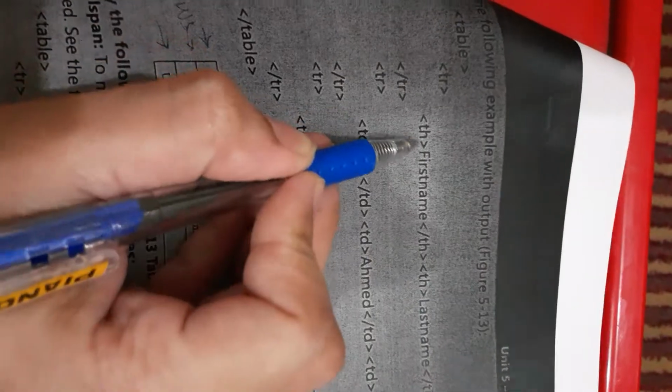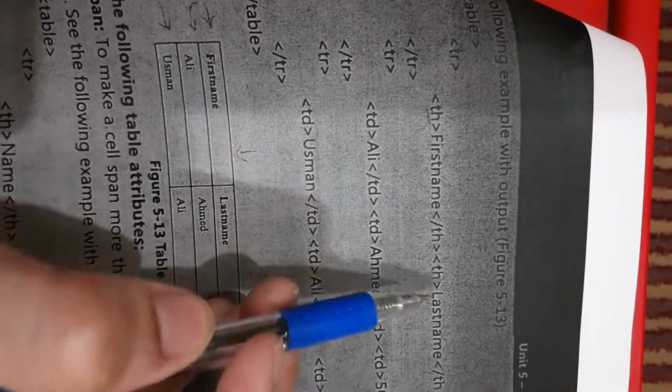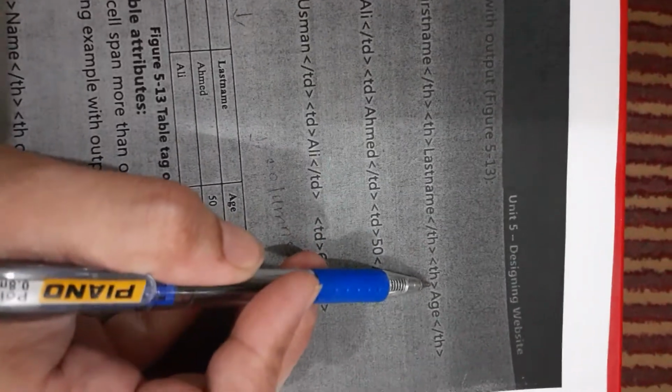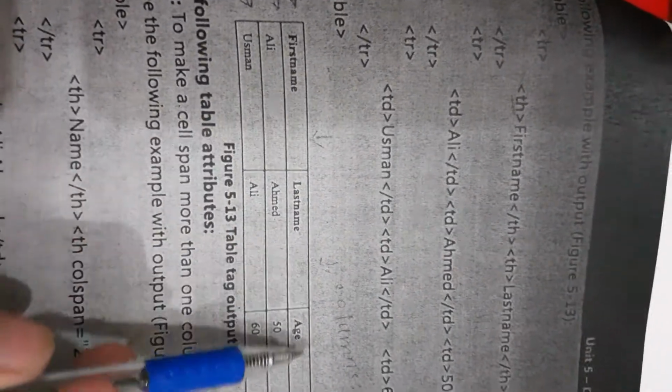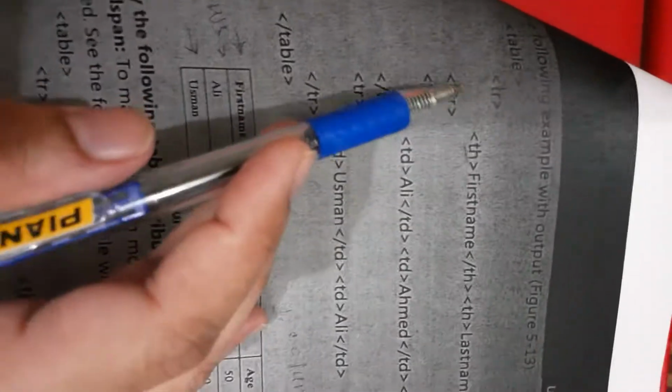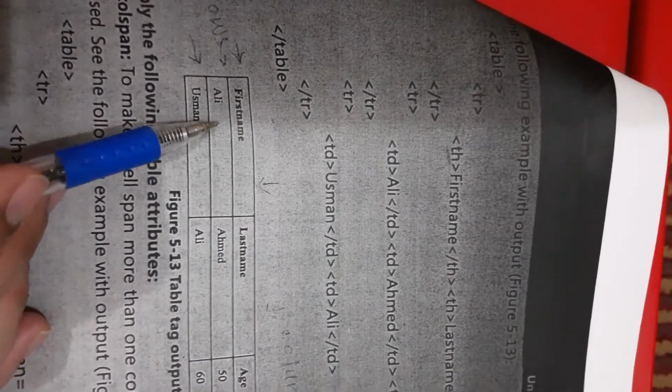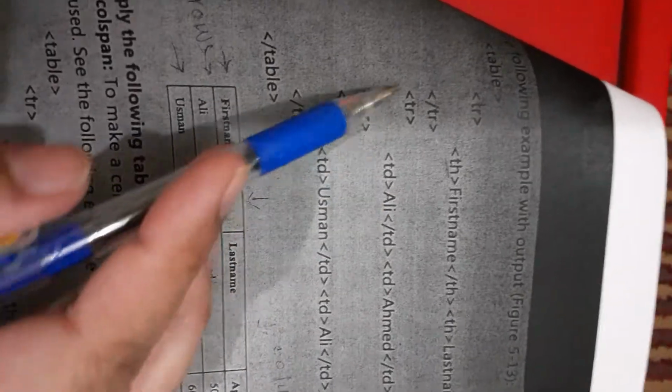Once you have given th, meaning heading, the computer knows automatically that it will be slightly bold. th first name, closing tag, last name, closing tag, and th age, closing tag. So these 3 headings we have given, and we will close the first row.